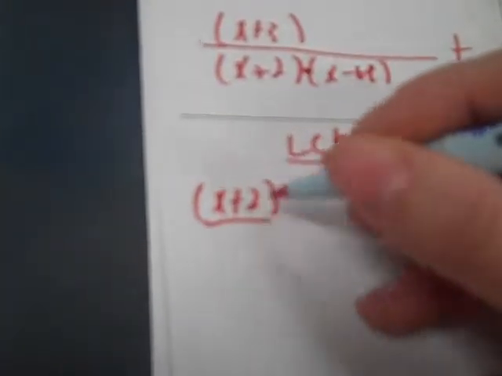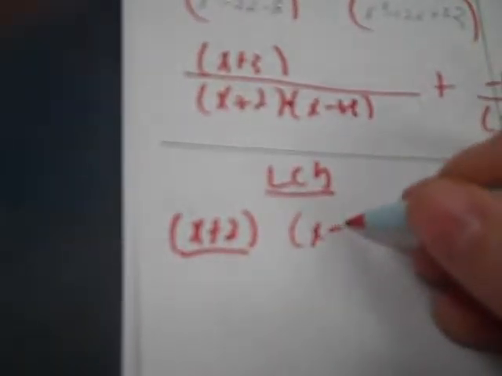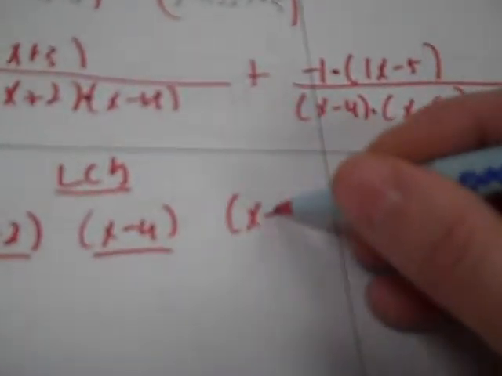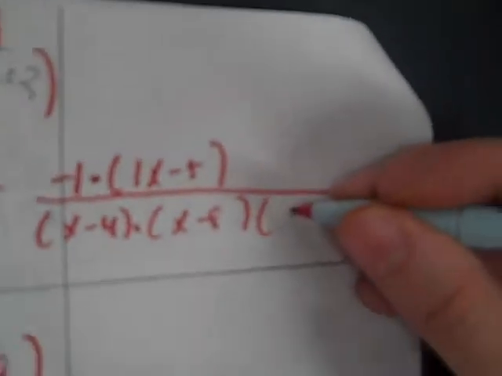Okay, LCD time. You've got the factor x plus 2, the factor x minus 4, another factor x minus 4, which I already have, and then the factor x minus 8. So x plus 2, we've got one of those factors here, but none here, so we need to make it so they each have 1.